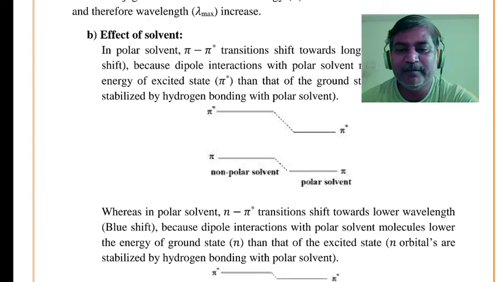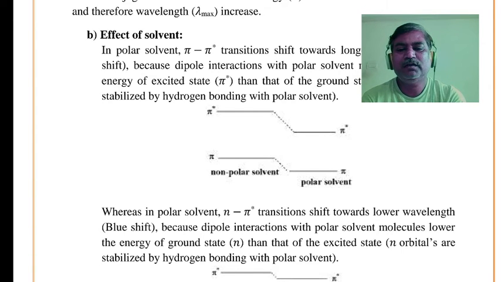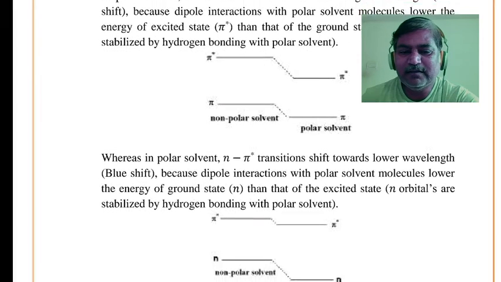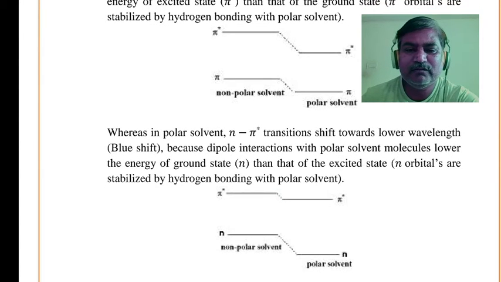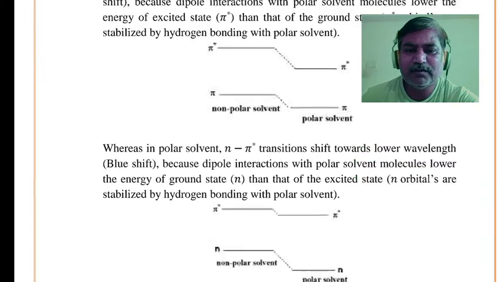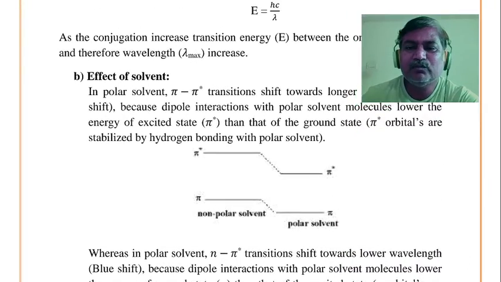And that's why in polar solvent system, particularly the pi to pi star transition towards lower wavelength, because dipole-dipole interaction of polar solvent molecule takes place and energy required is less. So according to this system, okay, these are the two important themes.